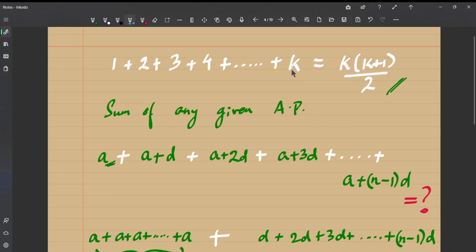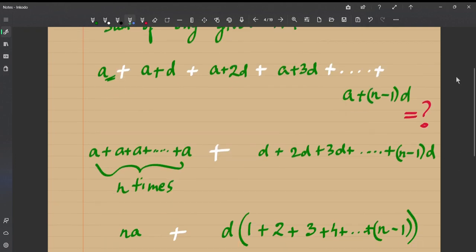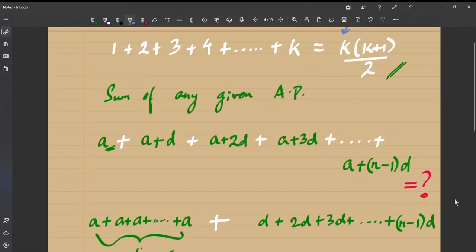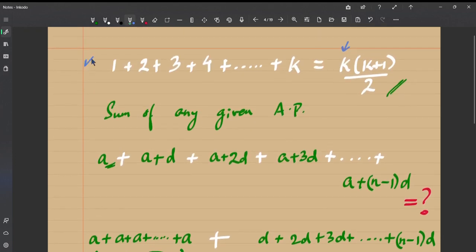Where there are n minus 1 terms, the sum would be n minus 1 times n minus 1 plus 1, which is n again, over 2. So this would be n minus 1 times n over 2. And you might pause the video if you like and convince yourself that I have substituted n minus 1 into this formula in place of k.